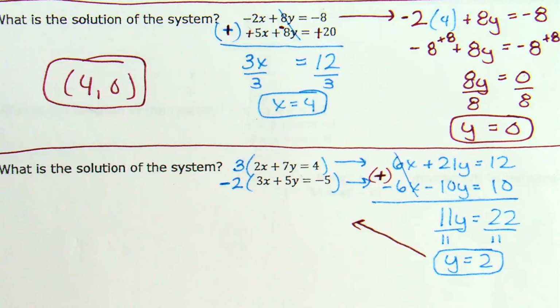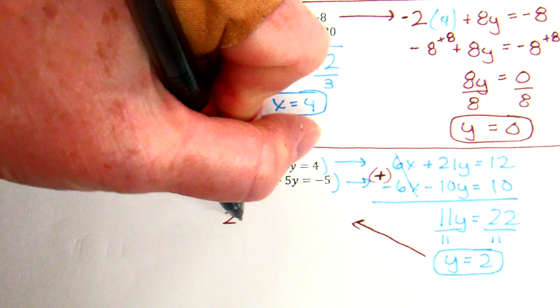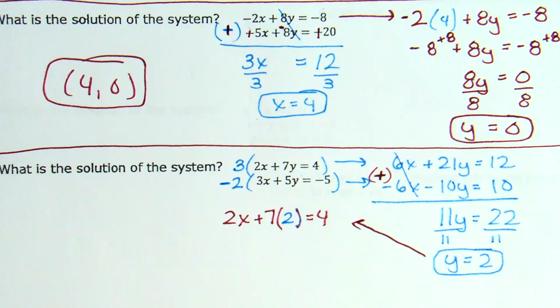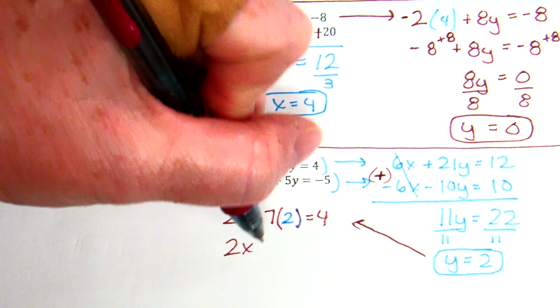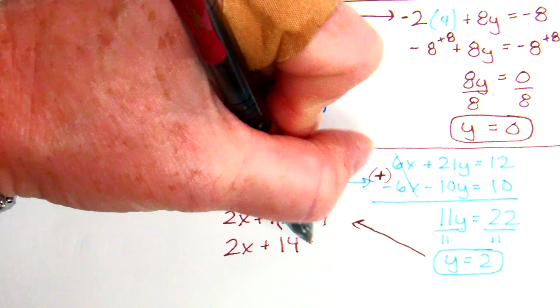Okay, so 2x plus 7y, but y is 2, equals 4. So 2x plus 14 equals 4.